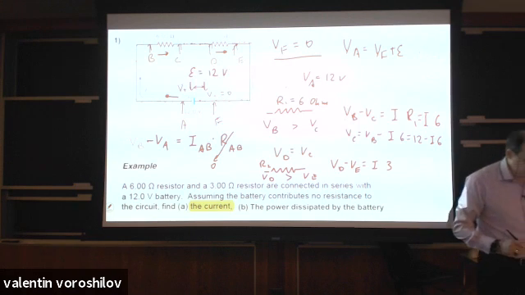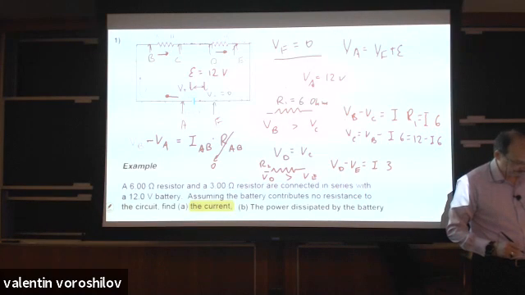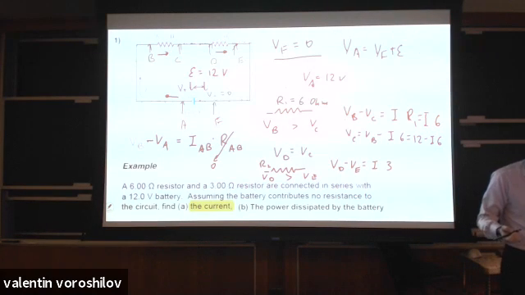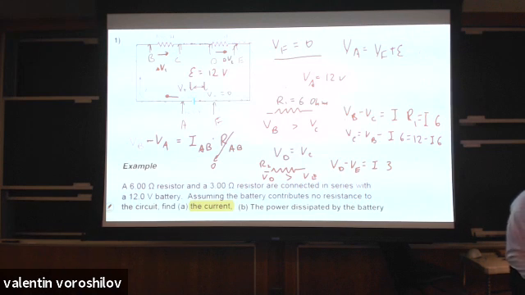Well, what else do I know? I know that if I calculate voltage number 1, and if I calculate voltage number 2, and I add them up together, I should get the original initial voltage of 12 volts.